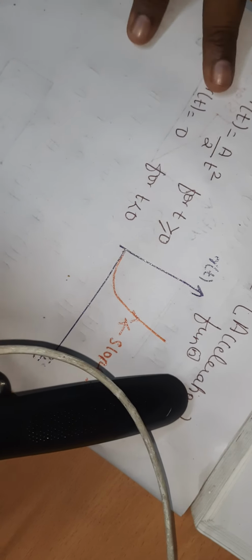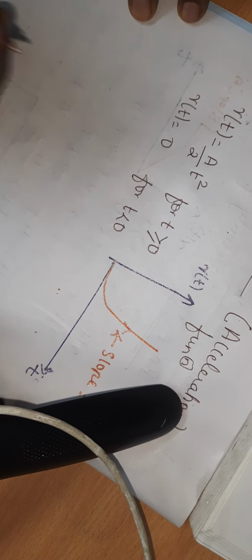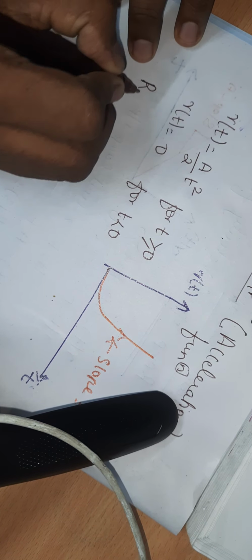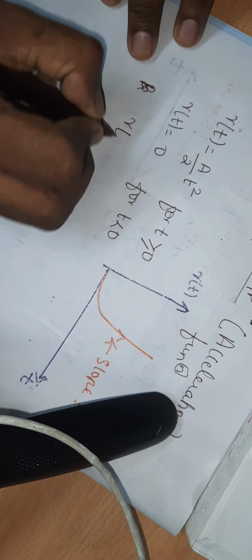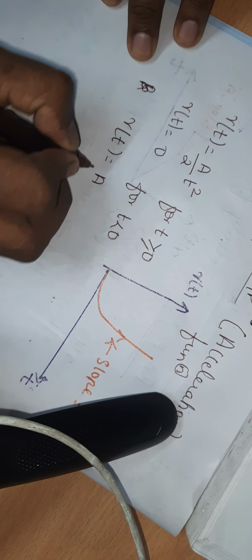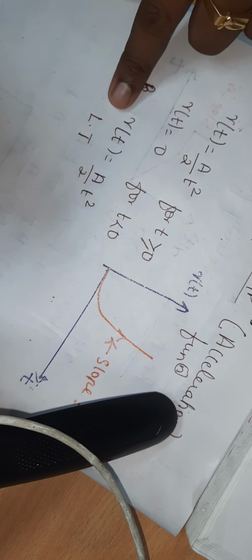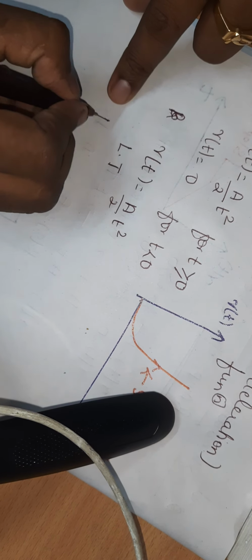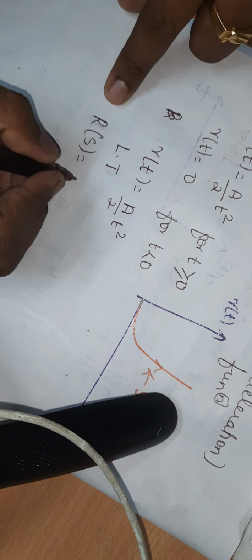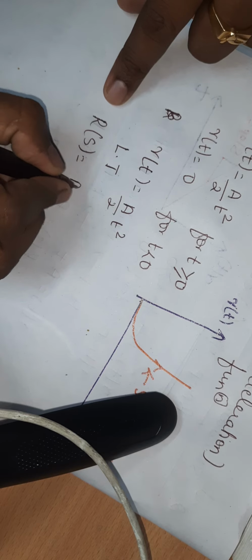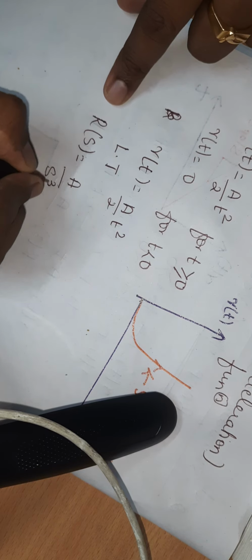Next, how to represent it? R of t is equal to A by 2 into t square. Now on taking the Laplace transform of it, we get R of s is equal to A by s cube.